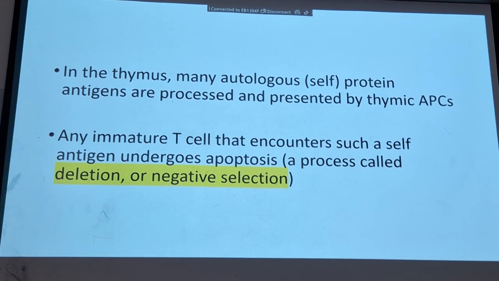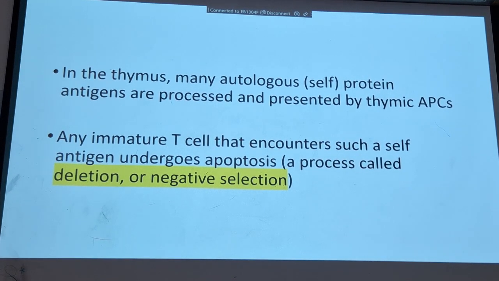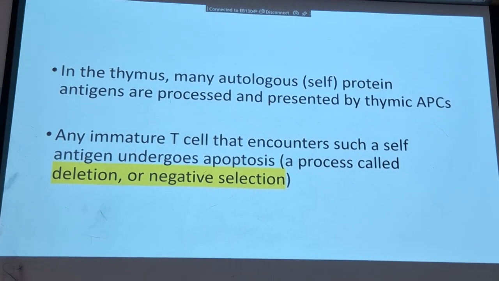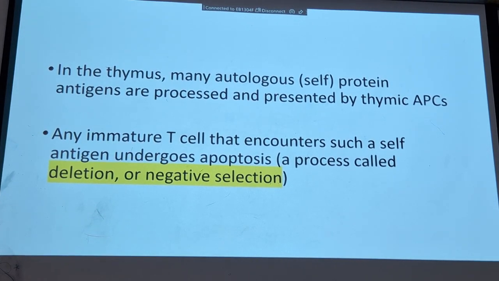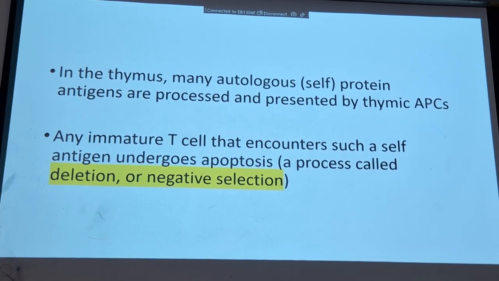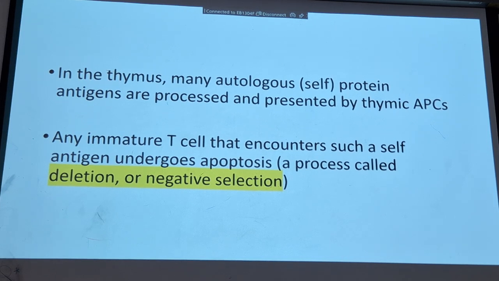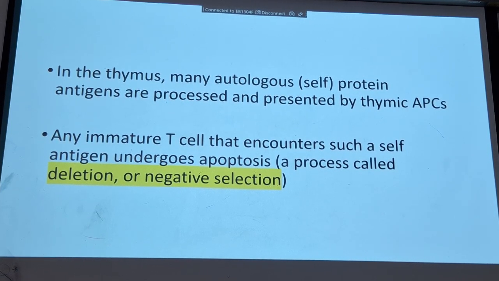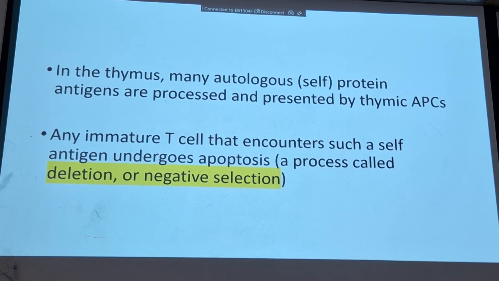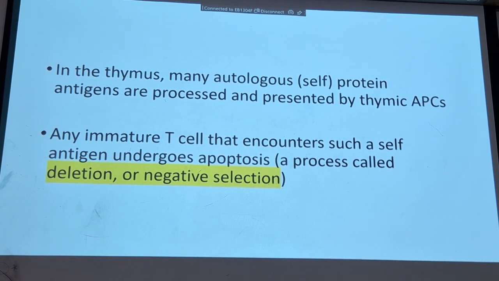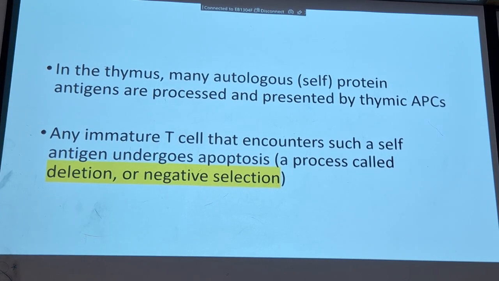In the thymus, many self-protein antigens are processed and presented to thymic antigen presenting cells. So we have a positive selection, we have a negative selection. What is negative selection? Negative selection means any immature T cell that reacts against a self-antigen undergoes apoptosis. It happens in the thymus.